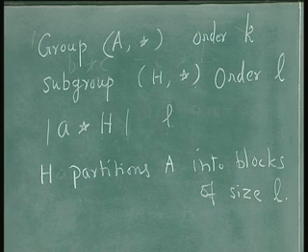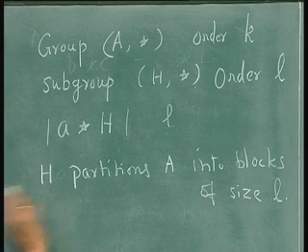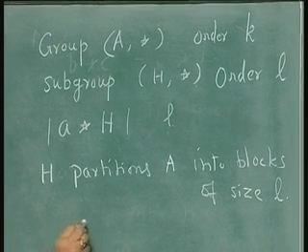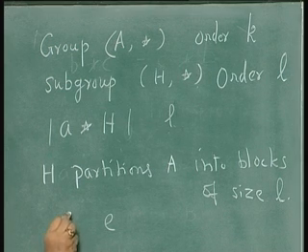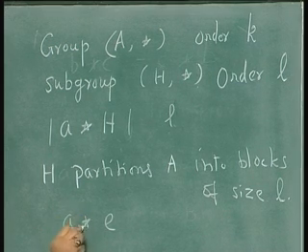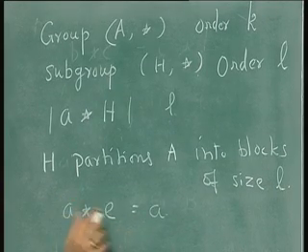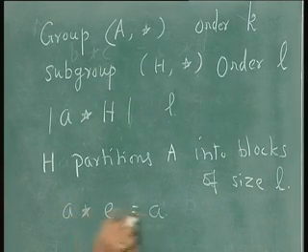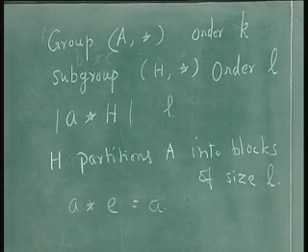Now, one question one may ask is, is every element of A taken care of? Every element of A will belong to one of these left cosets, because H contains the identity element. If you take any element A, A star E is equal to A, so every element A belonging to A will be in one of the left cosets.